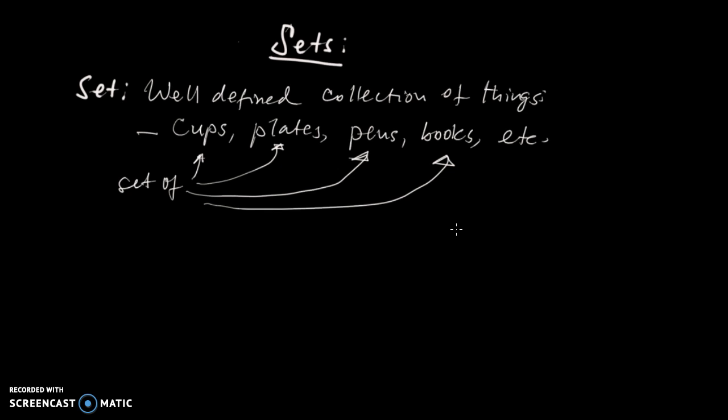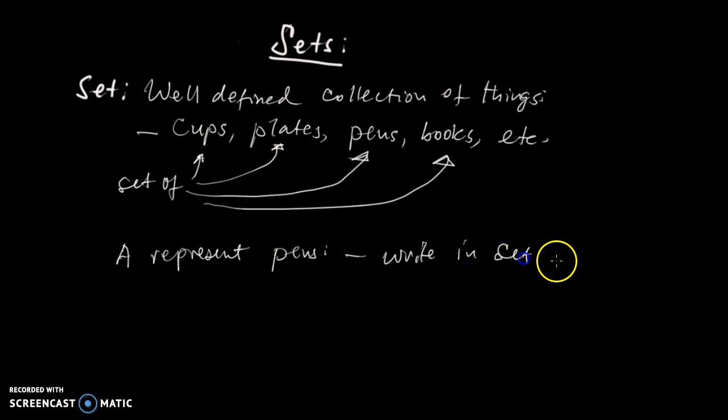And now, how do we denote a set if this is a well-defined collection of things like cups? We can say that A represents, let's say, pens. Now, how do we write this in set notation? If you have to write A represents pens in set notation, how do we put this?